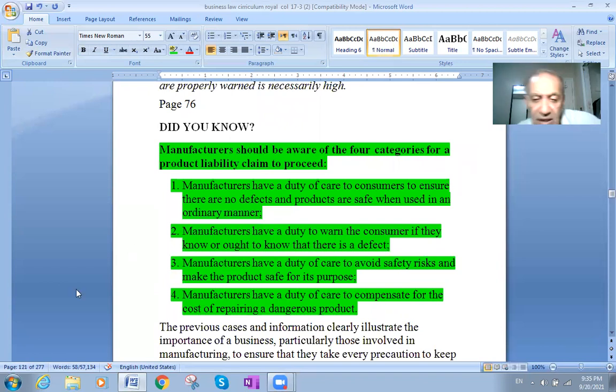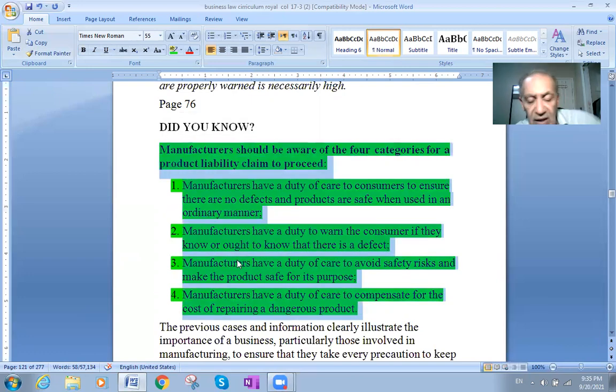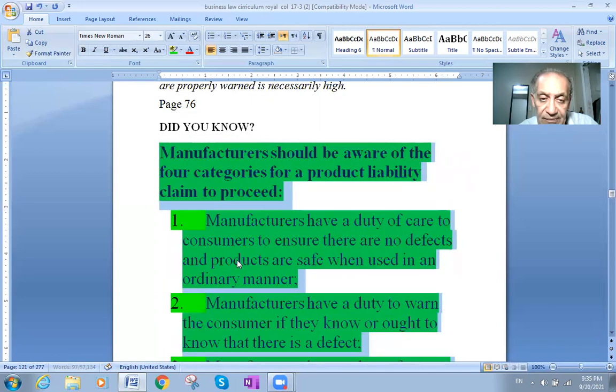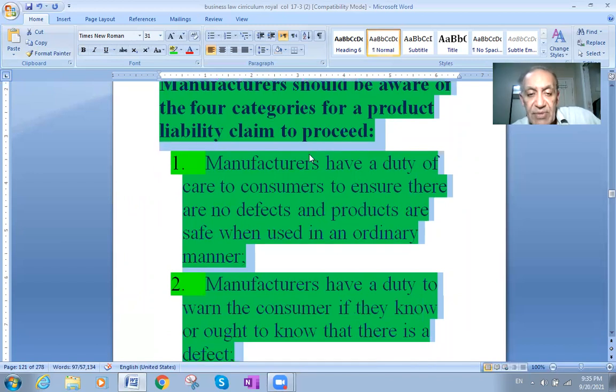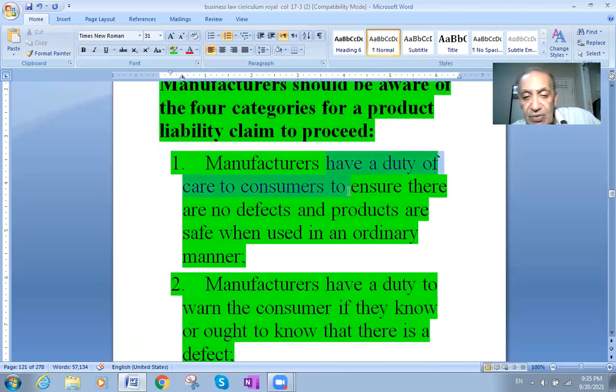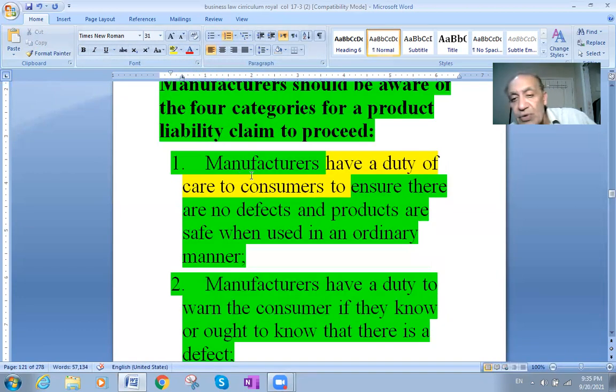Here we have very good sentences also. Manufacturers should be aware of the four categories for a product liability claim. Manufacturers have a duty of care to consumers. When there is a duty of care, that means there will be no tort. They must ensure there are no defects and that the product is safe when used in an ordinary manner, to reduce the amount of tort.